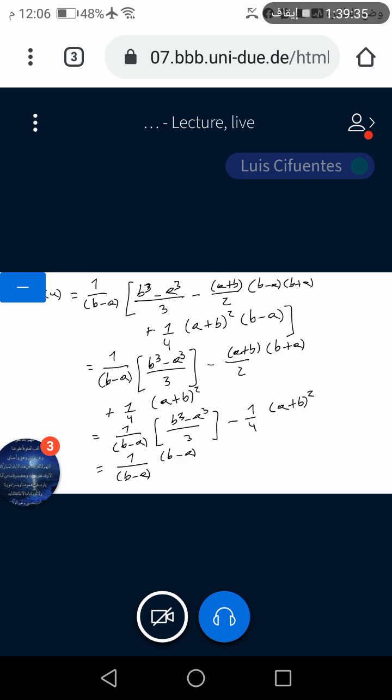What we have is A squared plus A, parentheses, 4. Okay. Continue with the integral. Please just take a screenshot to continue in the next slide.